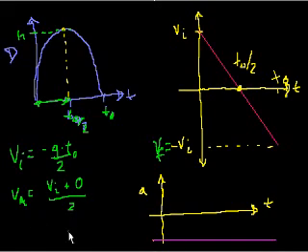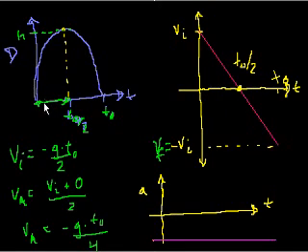Well, v sub i is just this. If we substitute it here, we get that the average velocity over this time interval is equal to minus g times t sub naught over 4.